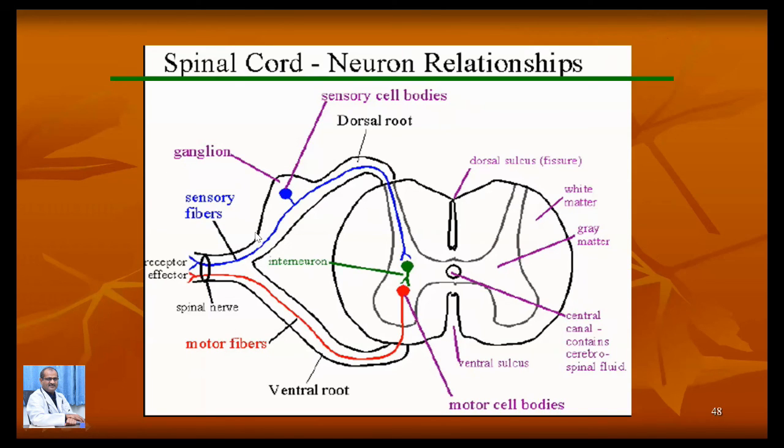Sensory is the afferent fiber, the motor is the efferent fiber. Through the receptors, sensory fibers receive the stimulus, which travels through the dorsal root ganglia and is processed in the interneuron, whereas the motor signal will be sent to the motor fibers.